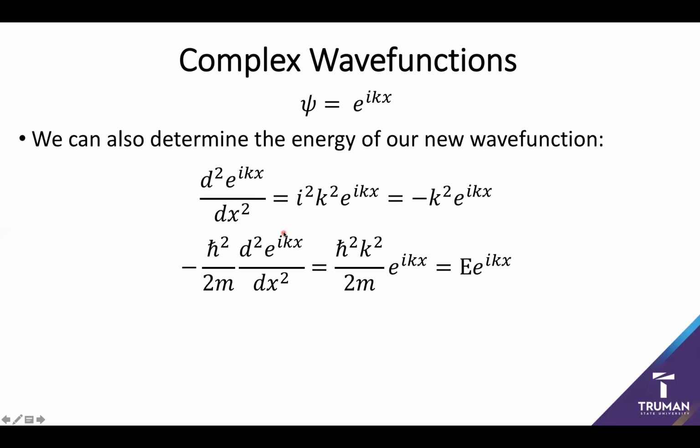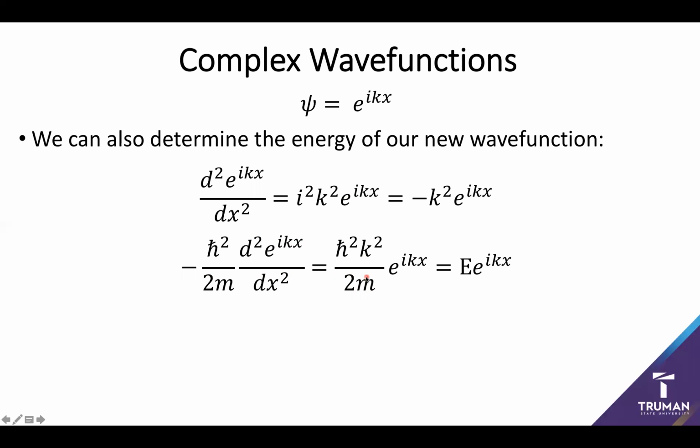Then we can apply the rest of our Schrodinger equation and our Hamiltonian, which is negative h bar squared over 2m. So my negatives cancel, and then I end up with h bar squared k squared over 2m, and then I just return back my original exponential.